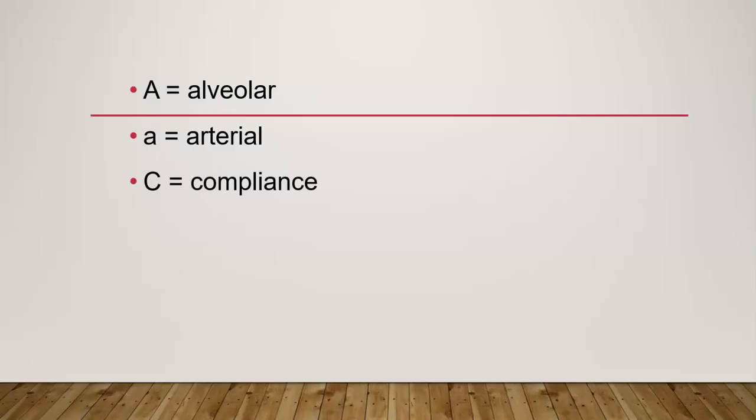We talk about the compliance of a lung, how easily it moves. Whereas a lowercase c stands for capillary. So if we're drawing blood and it's arterial blood, it'll have a lowercase a. If it's capillary blood, it will have a lowercase c.